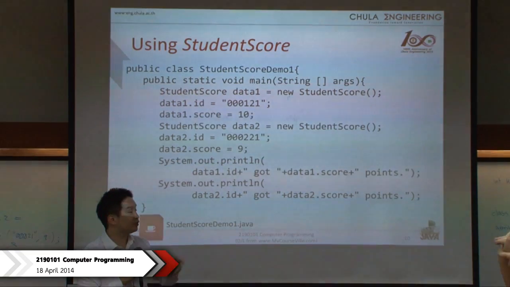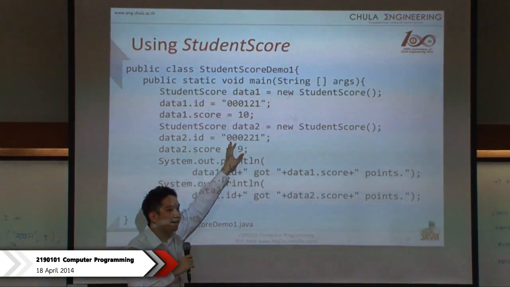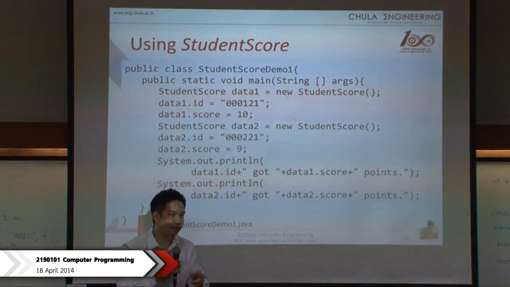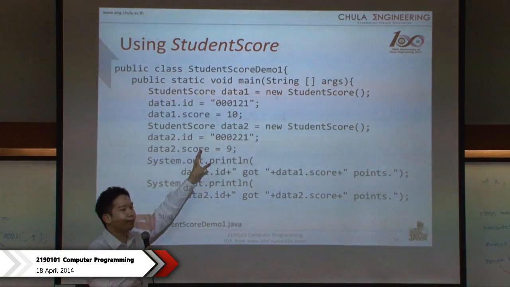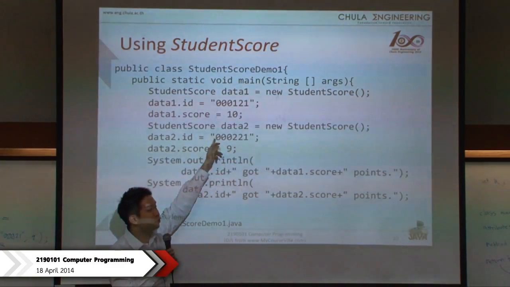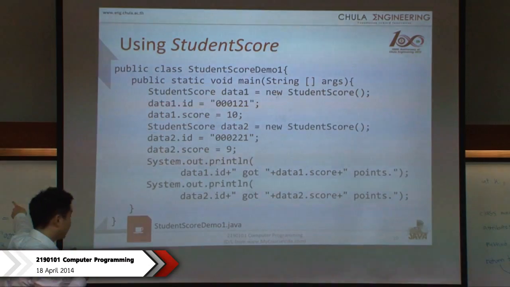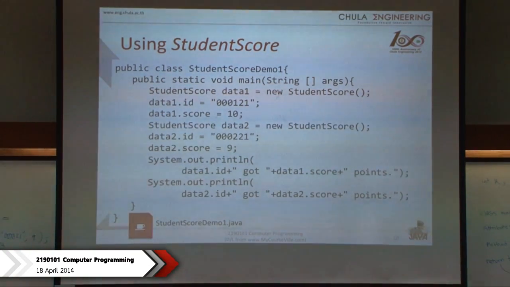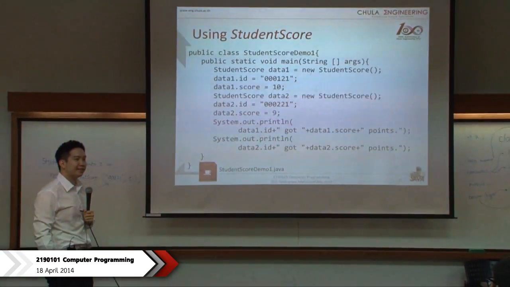Use the constructor to show me an alternative way to initialize data 2, as opposed to doing assignment like this. 4 of you work together, come up here and write on the board for me. Do you understand the question?